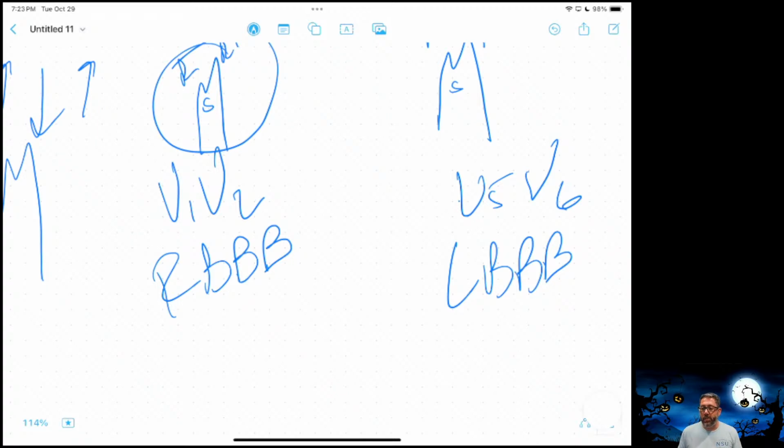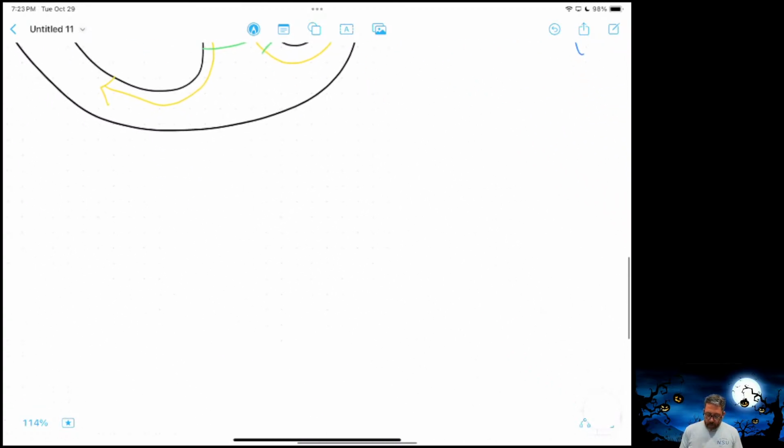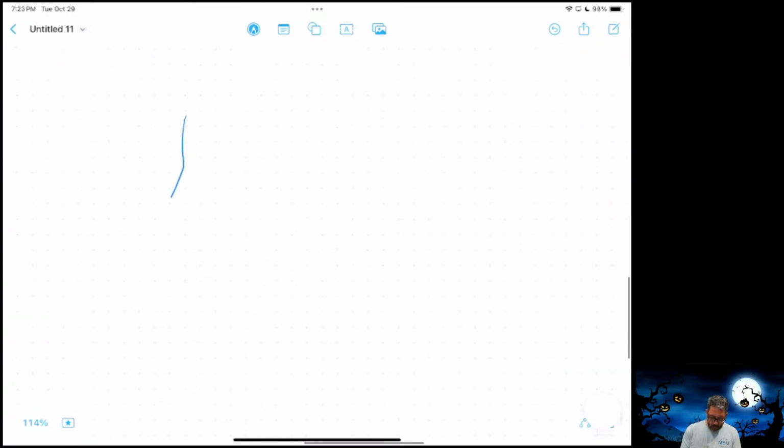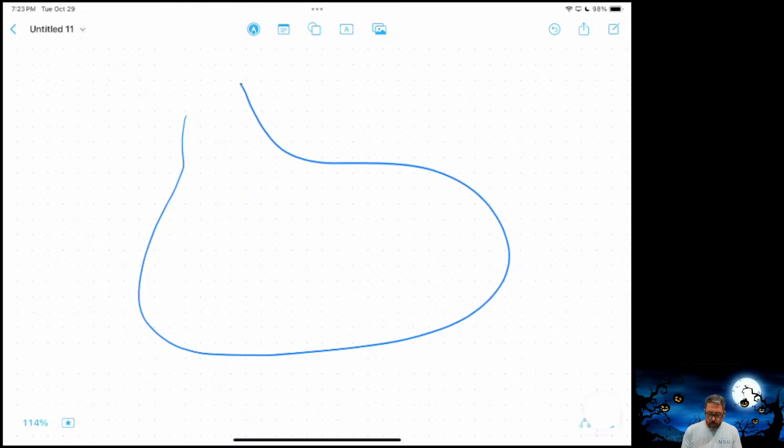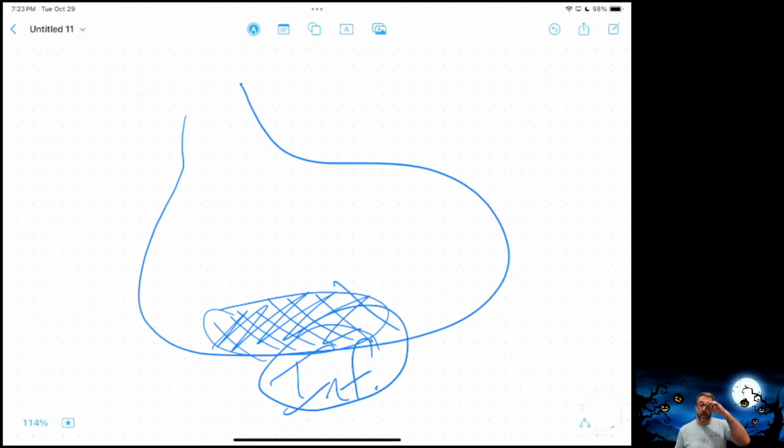Okay, so right ventricular infarcts. What artery, if we have an infarct right there? Inferior infarct.